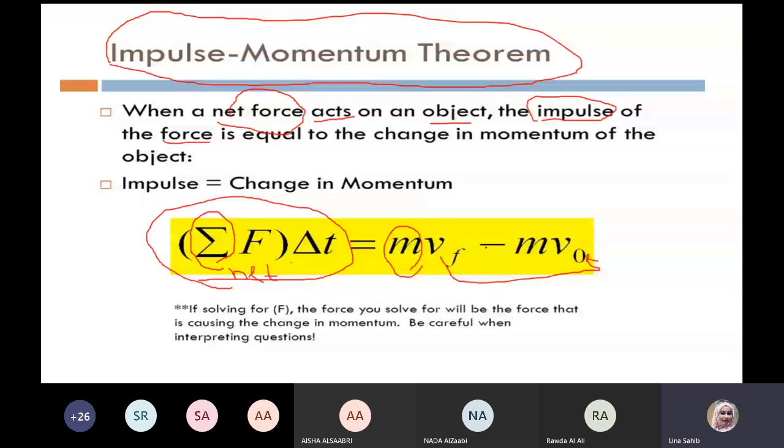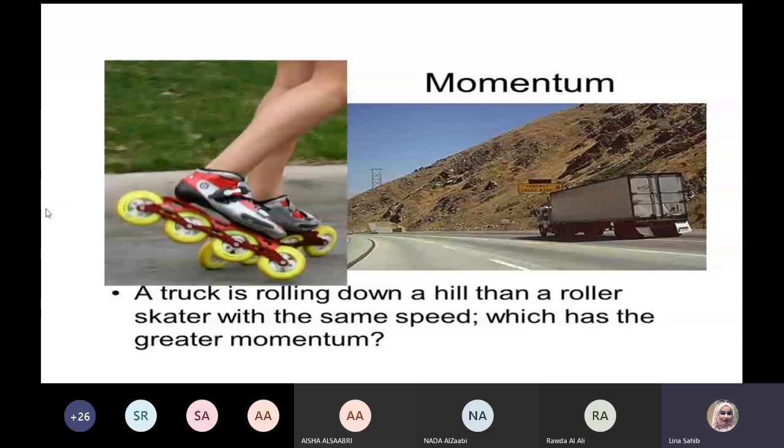Then I need to check some real examples to understand why the force multiplied by time can be equal to the change in the amount of motion. Let's look at this real example from our life. On the right side, there is a big truck.